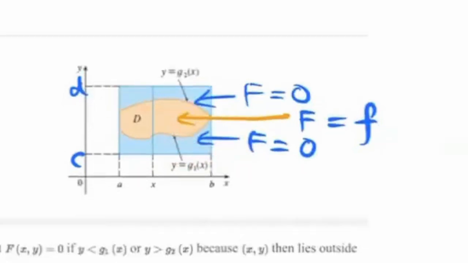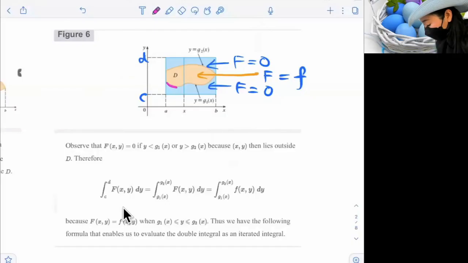If it's below this curve, the function value for big F will be 0, so it's not going to contribute to the double integral. And also, if it's above this curve, the function value for big F is also going to be 0, so it's not going to contribute to the double integral.